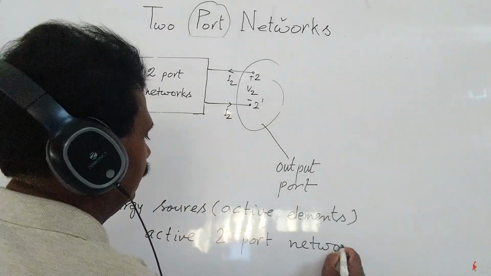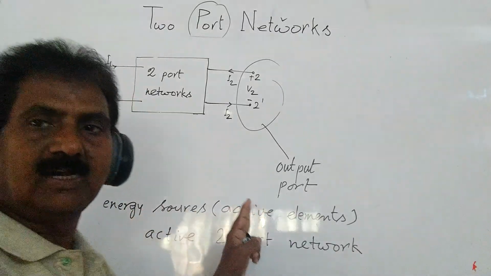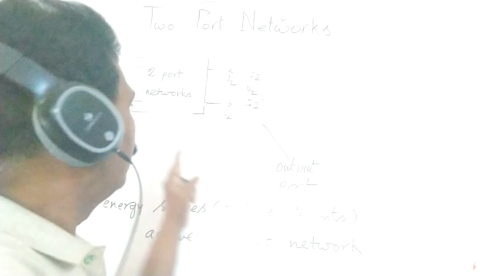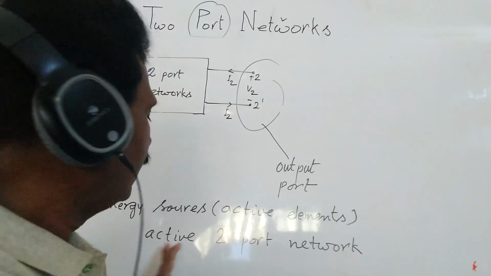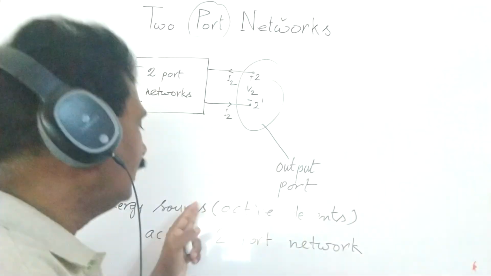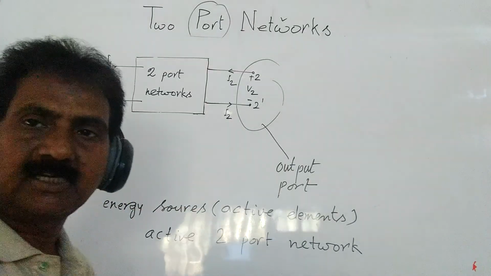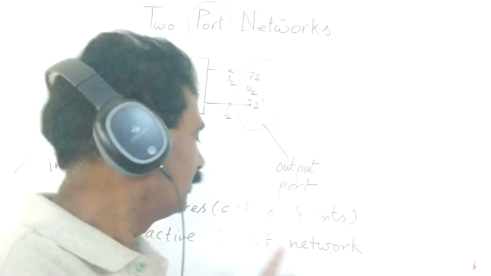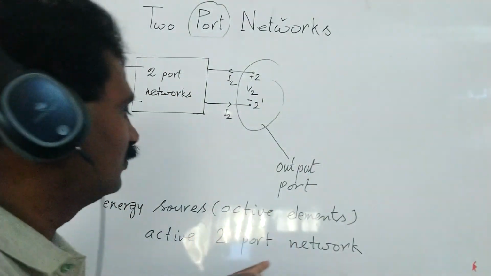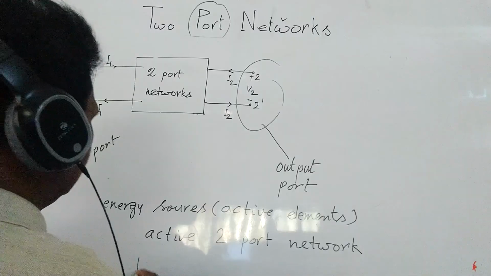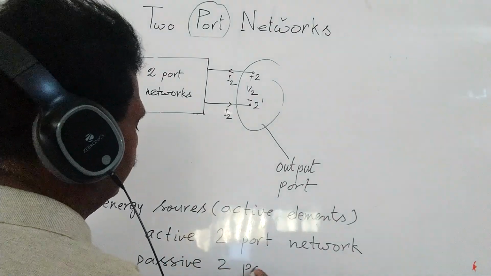When a network has active elements in any branch of the network, then it is known as an active two-port network. And when the branches of this network don't consist of any active element, meaning totally passive elements, that is known as a passive two-port network.